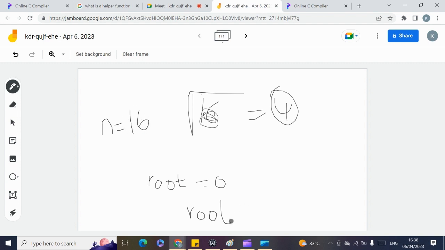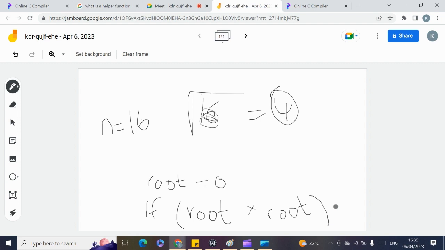You see, so root times root. So we say that if root times root is equal to the n value, then it means that the root value is the square root of n.